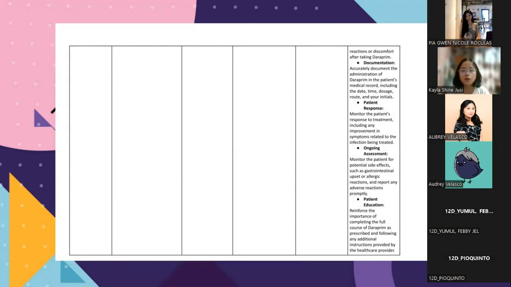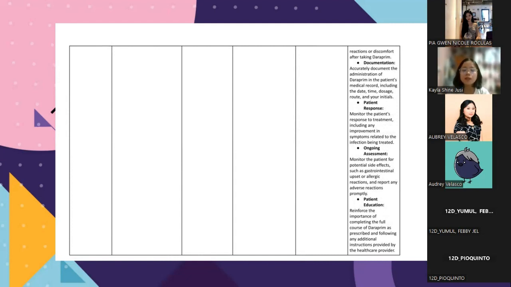So for documentation, we need to accurately document the administration of Daraprim in the patient's medical record, including the date, the time, the dosage, the route, and any initials. And patient response: monitor the patient's response to treatment, including any improvement in symptoms related to the infection being treated.